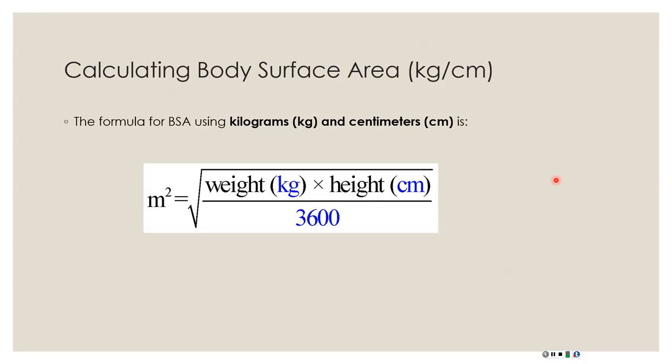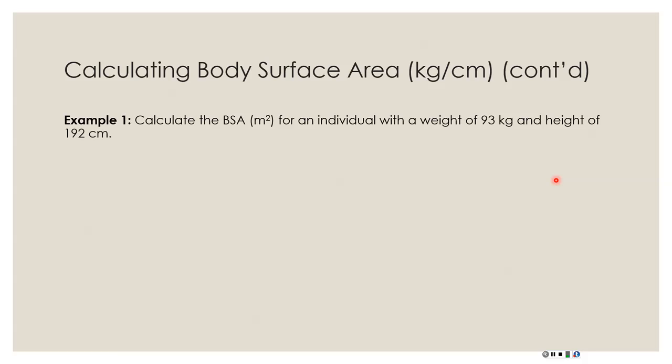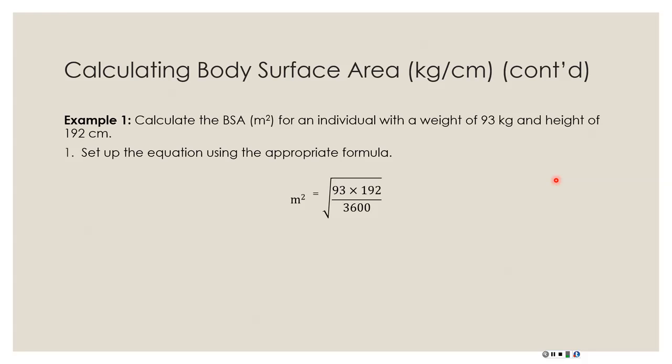So we're going to go ahead and do a problem with this. We're going to pretend like the client has a weight of 93 kilograms and a height of 192 centimeters. We're going to set it up using the appropriate formula. So we know that we need to have meters squared, and to find meters squared, you would take the centimeters times the kilograms, and you would divide by 3,600.